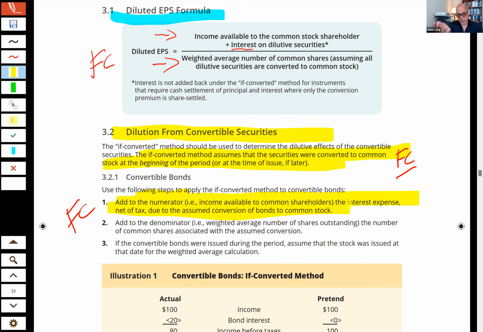So you have to calculate the benefit net of tax, okay? Then to the denominator, you should add the weighted average number of shares associated with the assumed conversion. And if the convertible bonds were issued during the period, assume the stock was issued at the date for the weighted average. In other words, the bonds were issued in the middle of the year.